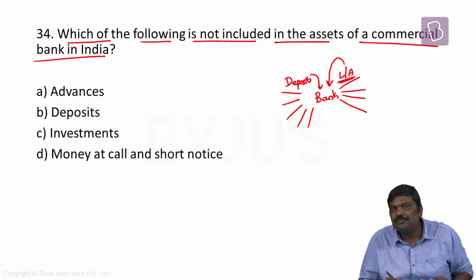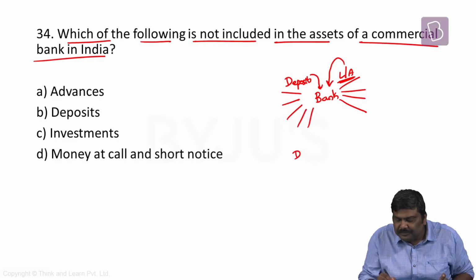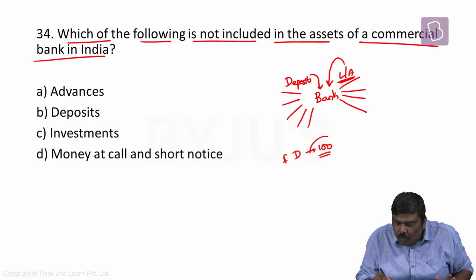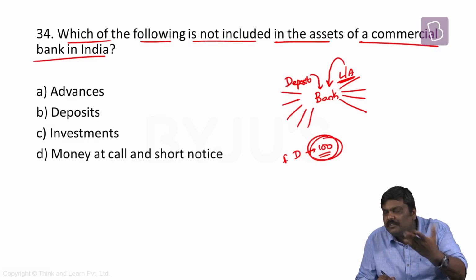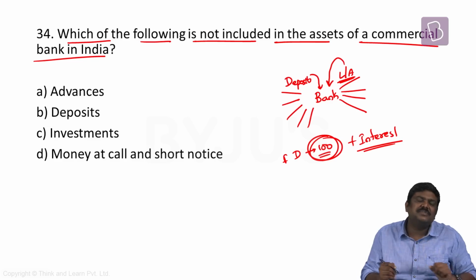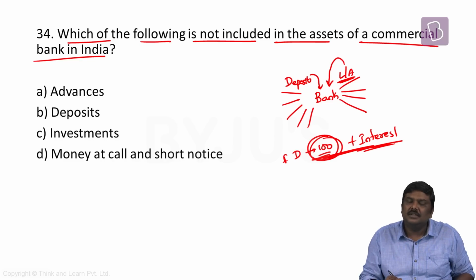Let me explain it to you. If I am a bank and you come to me and keep a fixed deposit worth 100 rupees, don't you think after 1 year I owe you this amount, the principal of 100 rupees as well as the interest? So the deposits which are collected by this bank become the liability for this bank.